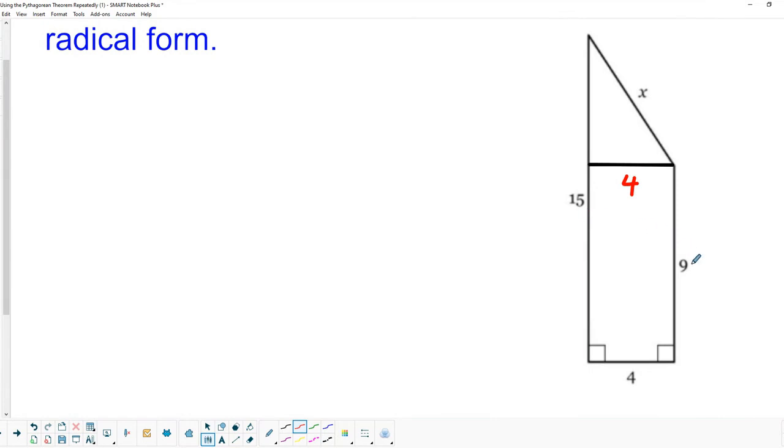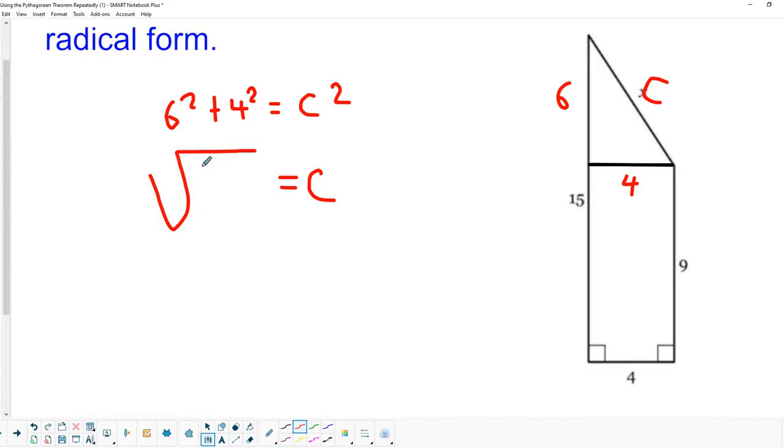And then 15 minus 9 is going to give us this measurement. 15 minus 9 would be 6. We think of x as our c value here. So we just go 6 squared plus 4 squared equals c squared. And then c is going to equal the square root of all of that stuff on the left side.